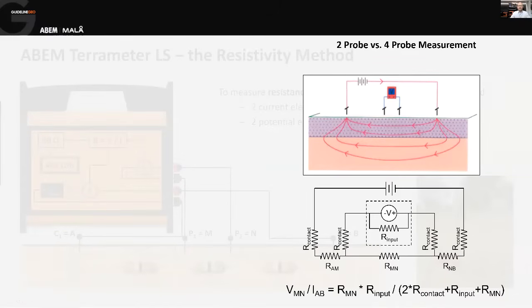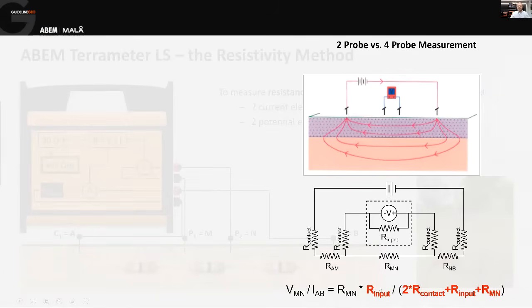Now, what we would really like to be able to do at the point where we take the measurement is to cancel out all of the effects that are highlighted in red here.